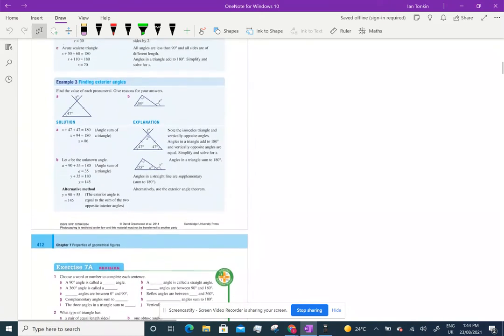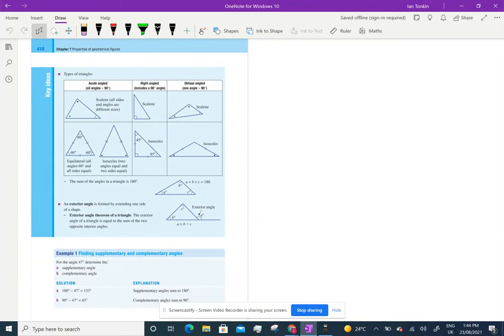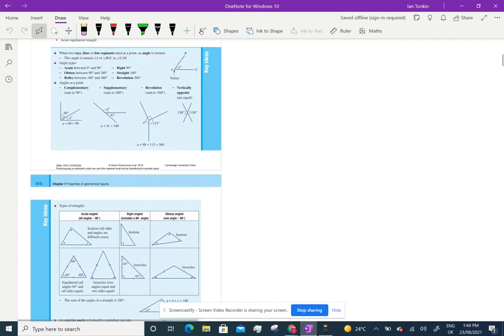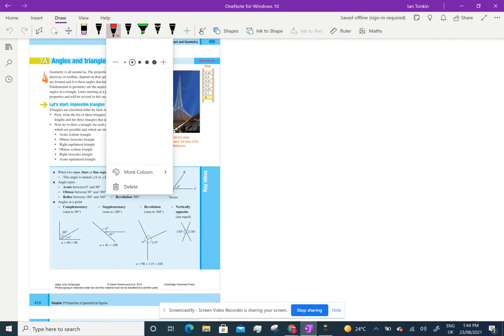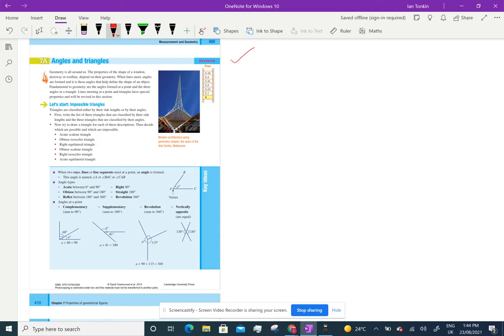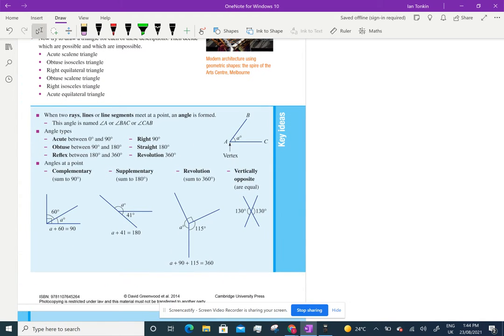You need to remember a couple of things, and you need to write some stuff down, but it's all revision. So this is revision from Year 8 work. And you need to make sure in your notes you have these rules, words, and key ideas. So take a couple of minutes and make sure in your notes you have all these things.